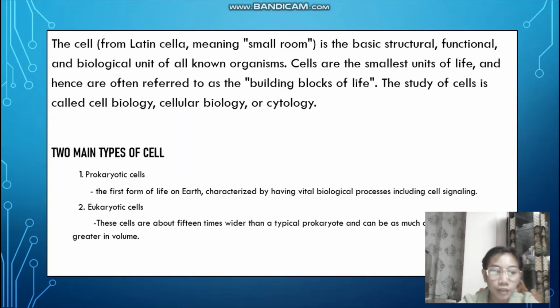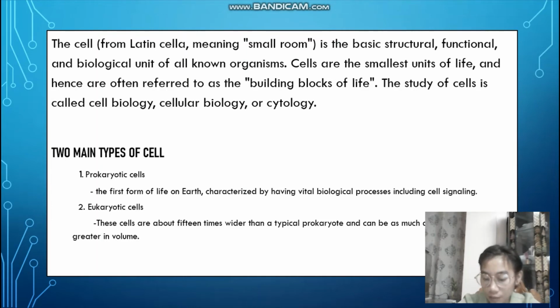For eukaryotic cells, these cells are about 15 times wider than a typical prokaryote and can be as much as 1,000 times greater in volume. Eukaryotes include plants, animals, fungi, slime molds, protozoa, and algae, which have bound organelles in which specific activities take place.